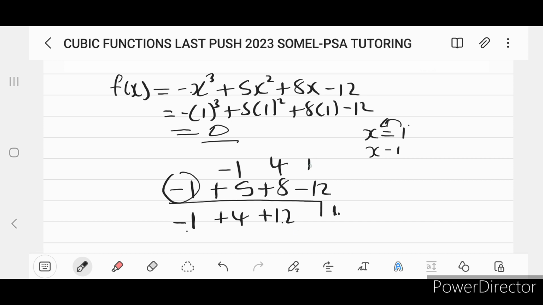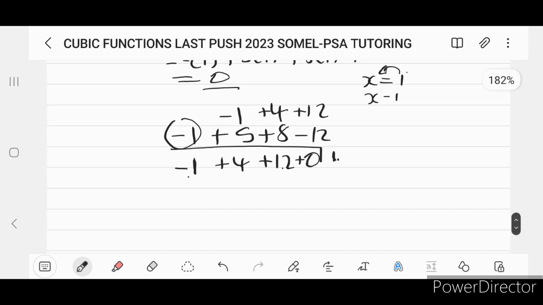So positive 12 minus 12 is going to be a 0. All the time, for you to be sure that this method is giving you correct things, this last number must always be 0. If it's not 0, it means there's something wrong.